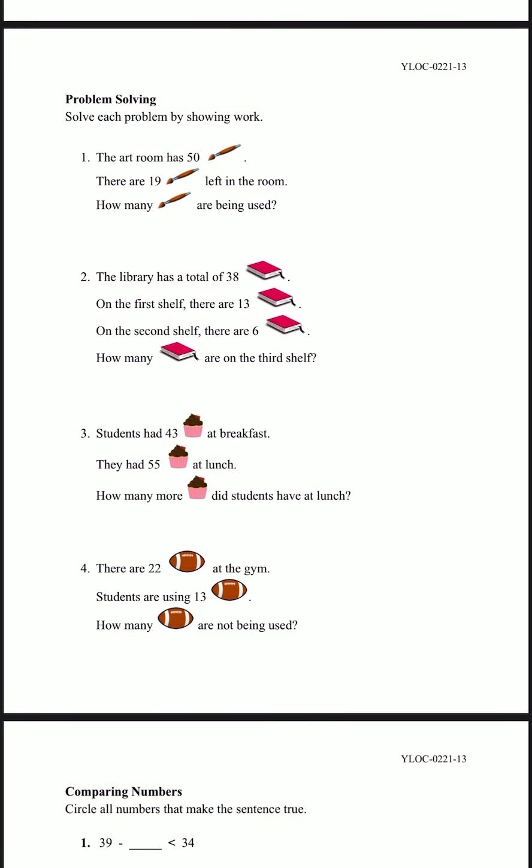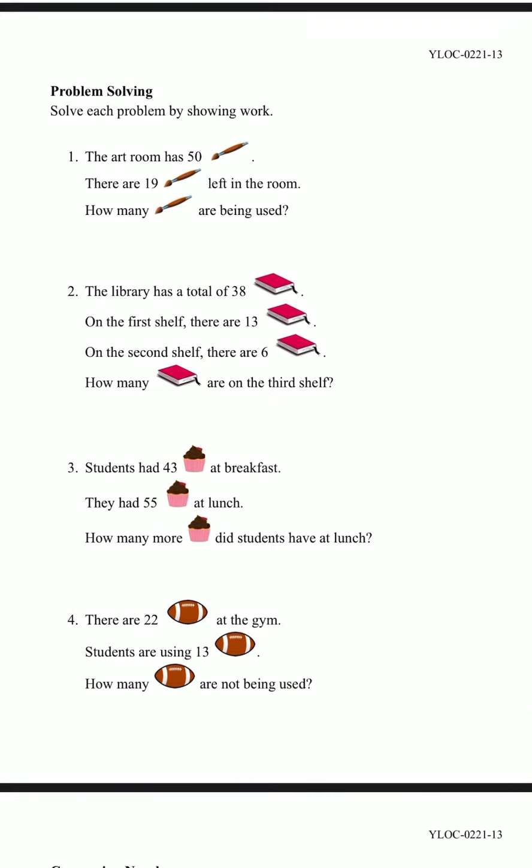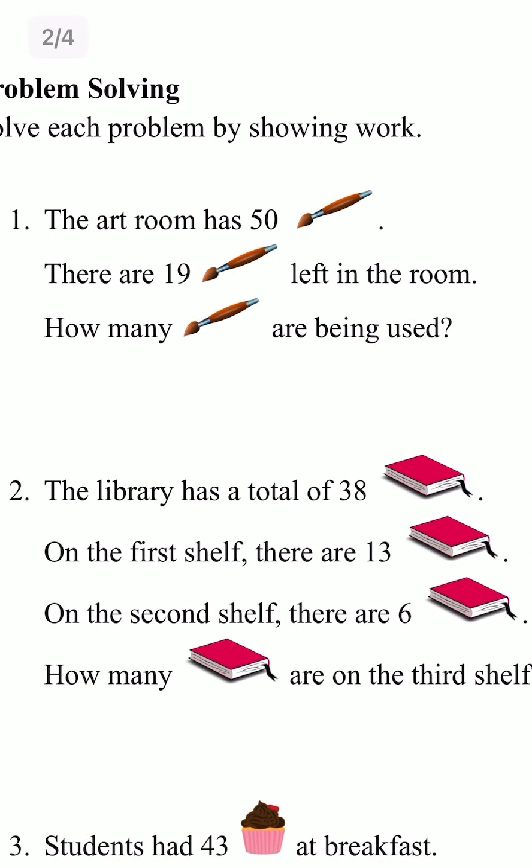For this part, we need to solve each problem by showing work. Let's look at number 1. The art room has 50 paintbrushes. There are 19 paintbrushes left in the room. How many paintbrushes are being used? Since 19 paintbrushes are left inside the room, the rest are being used.